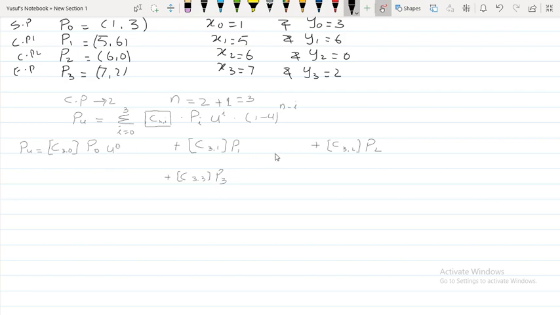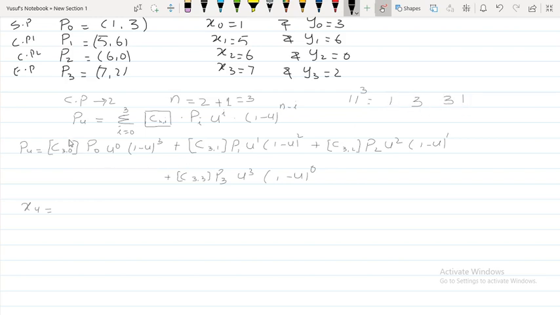Then u raised to 0, u raised to 1, u raised to 2, u raised to 3. Then (1 minus u) raised to 3, (1 minus u) raised to 2, (1 minus u) raised to 1, and then (1 minus u) raised to 0. So it is the equation; the same equation we can write in terms of x and y. So x(u) will be equal to, first we will calculate the constants. The value of n is 3, that means 11 raised to 3 has to be calculated. So 11 raised to 3 is 1331.